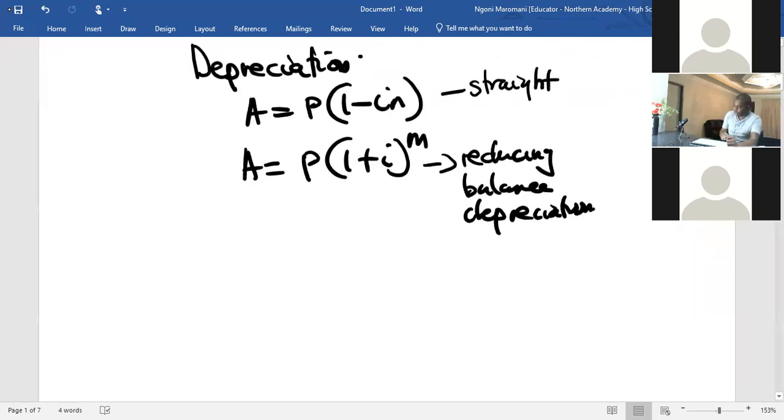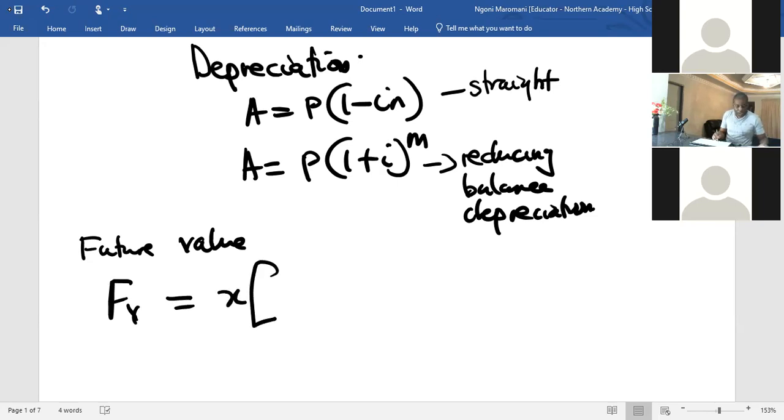Then from there, let's look at grade 12. That's when we looked at the future value formula, copying from the list of formulas. It says the future value F is given by x into 1 plus i to the power of n minus 1, all over i.